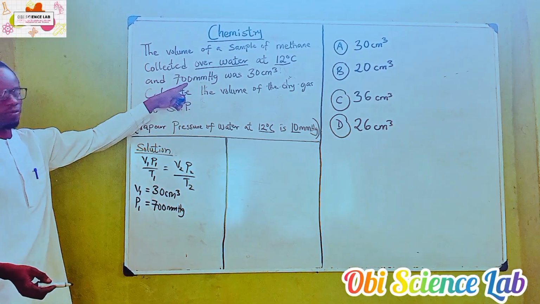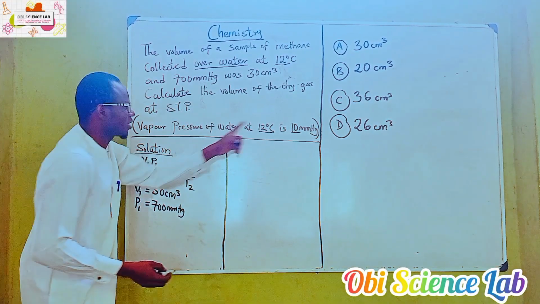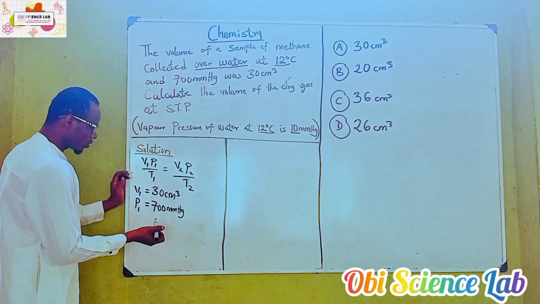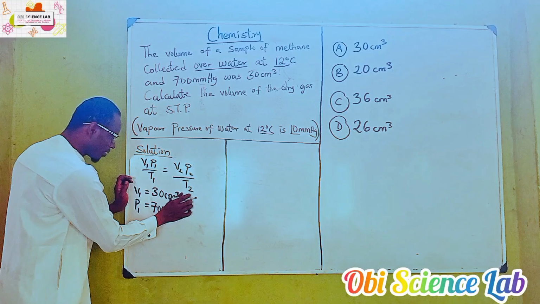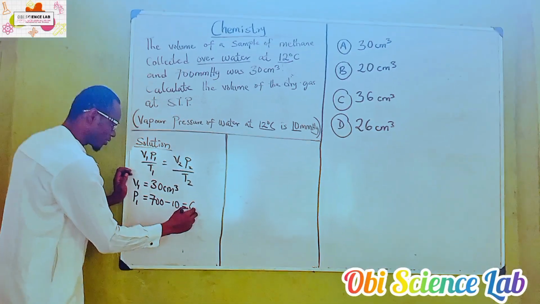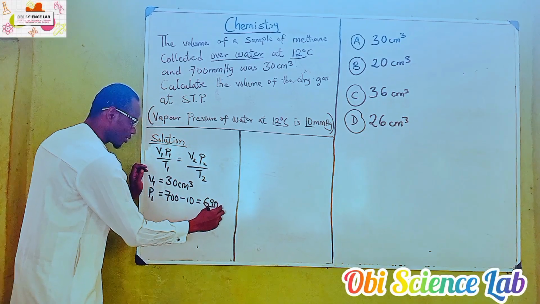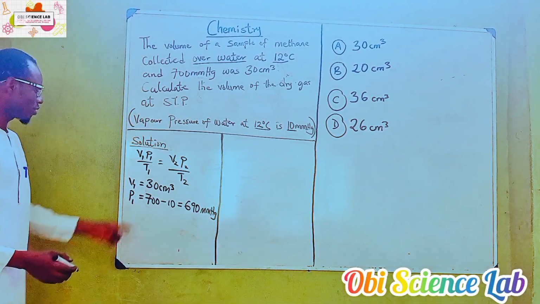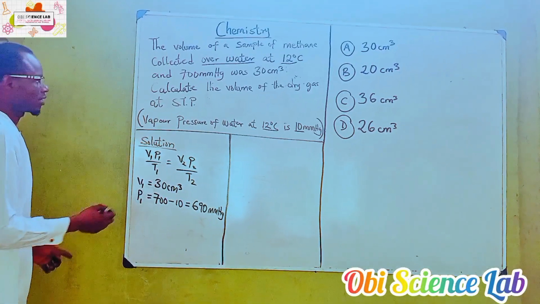So we're going to deduct this 10, this partial pressure of water, to get the actual pressure of the gas. So it's going to be 700 minus 10, which will give us 690 millimeter mercury. This is the initial pressure of this container.